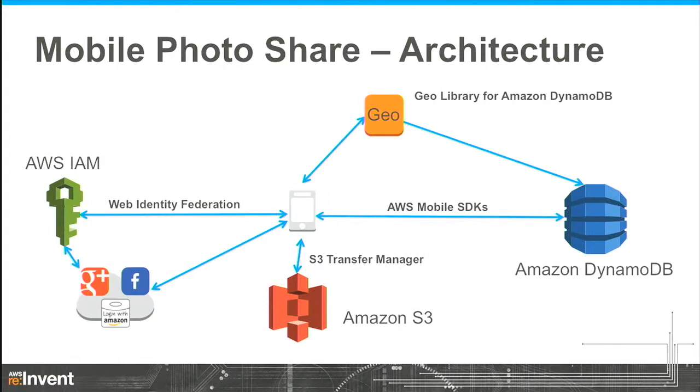So what you see here is an architecture diagram of the mobile photo share application overall. We have integration with the S3 Transfer Manager for downloading and uploading photos. We're using the Geo library for maps, which I failed to show. And then also we're using the AWS mobile SDKs for actually storing those favorites in a table in DynamoDB.